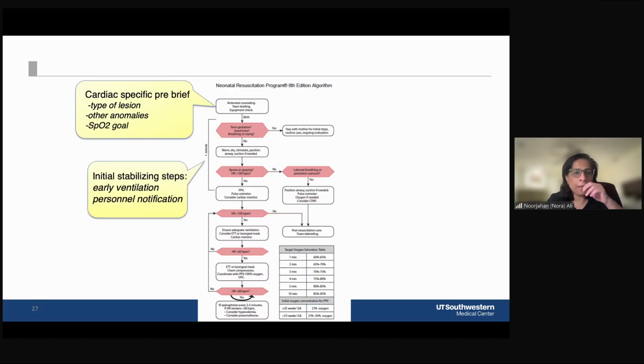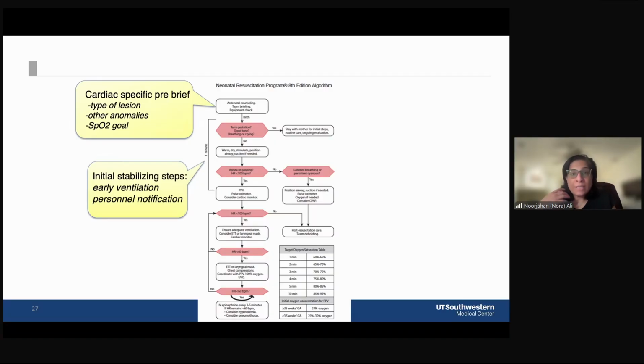Same thing in terms of, can we use the early stabilization steps? So let's say you have a baby with tetralogy of Fallot with absent pulmonary valve. Clearly, if they're in respiratory distress, CPAP may not necessarily be the way you want to go, or keep stimming them, drying them may not necessarily work. These babies may need to be prone.